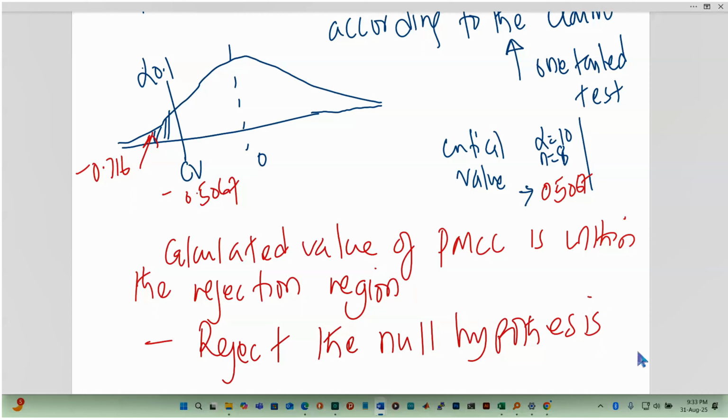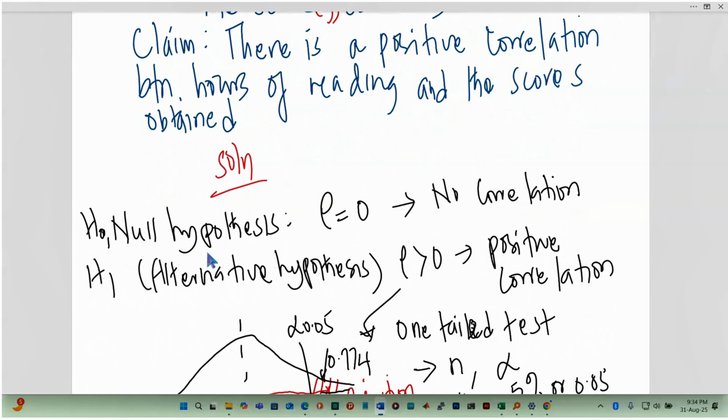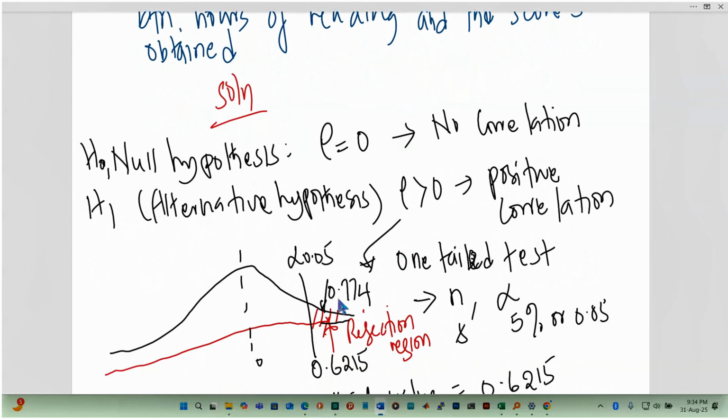So if you reject the null hypothesis, what happens? Then there is sufficient evidence to suggest that there is a negative correlation between x and y, because we said the null hypothesis is that there is no correlation, and if the value that you obtain is within the rejection region, then we are supposed to reject the null hypothesis.